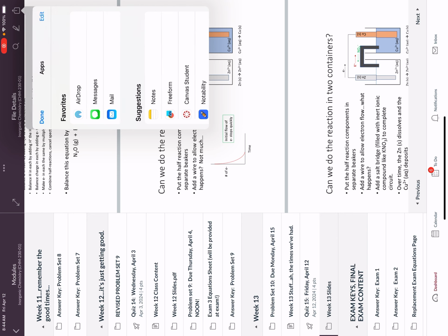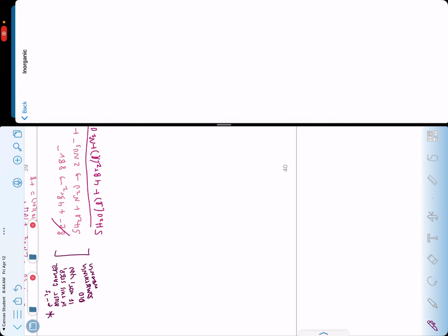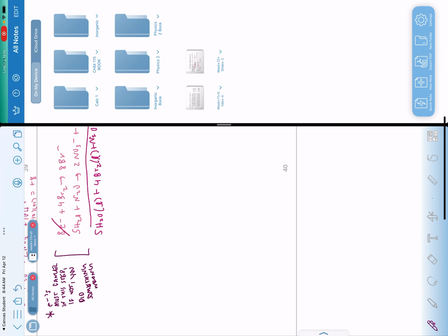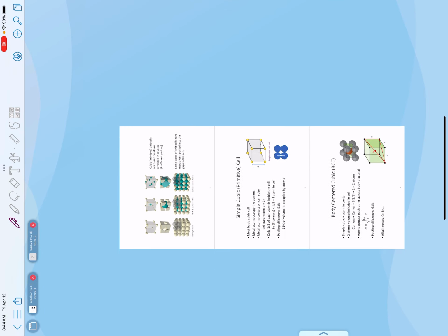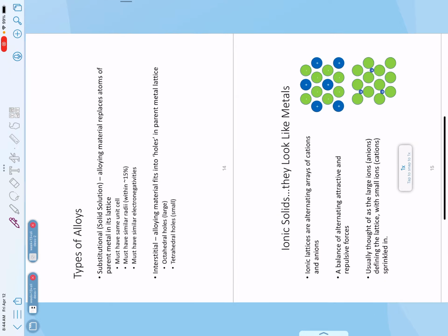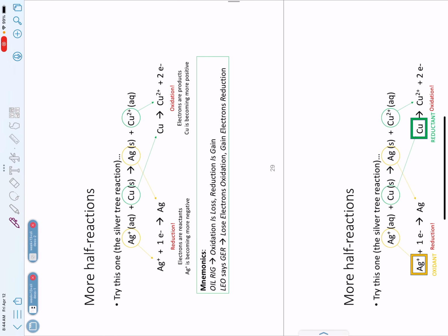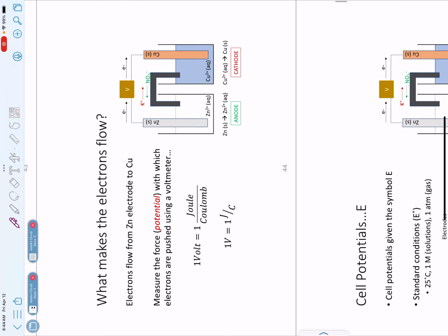So we can pick a relatively straightforward oxidation reduction reaction, the reaction of zinc solid with copper ions to give copper solid and zinc ions, is a relatively common demonstration. You can look this up. They've got lots of videos for it online, and you can see what's happening in that reaction. We talked about the silver tree last time.